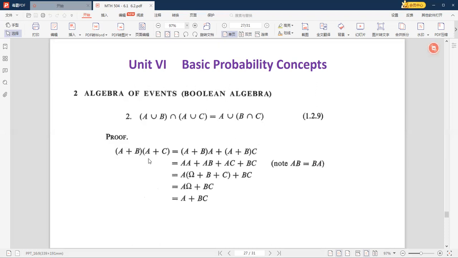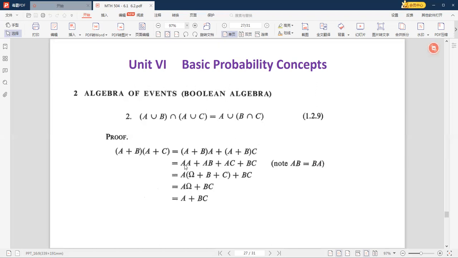You can FOIL them. So what you get is A plus B times A, plus A plus B times C. Okay. You keep doing this FOIL, and you get AA plus BA or AB, since multiplication or intersection of two sets is commutative, right? And plus AC plus BC.